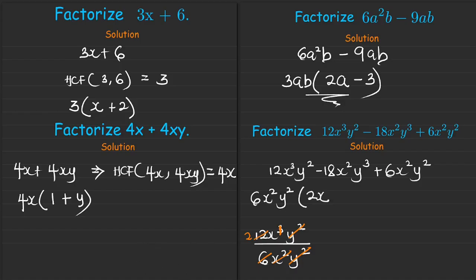We now come to the next term, which is a negative 18x squared y cubed. We are dividing by our highest common factor here, which is 6x squared y squared. 6 divides itself once, and then it divides negative 18 negative 3 times. 6x squared takes out this x squared, and 2 of the y's here takes out 2 of the y's here.